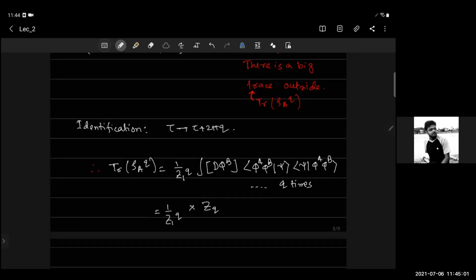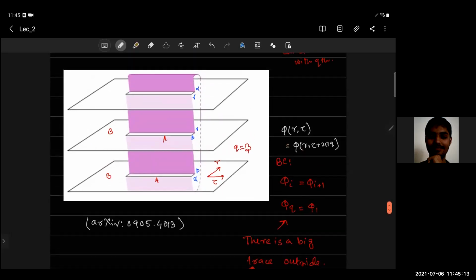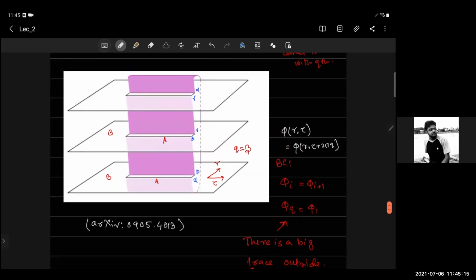I can see another raised hand. Yeah, I have a question. I think maybe you explained it, I didn't get it. Why is the tau to tau plus 2 pi q identification made? Because the last sheet is connected with the first one, correct? When you go from tau to tau plus 2 pi, you come back and go on to the second sheet. So these sheets are connected by rotation in tau.